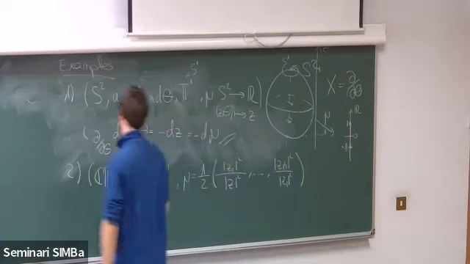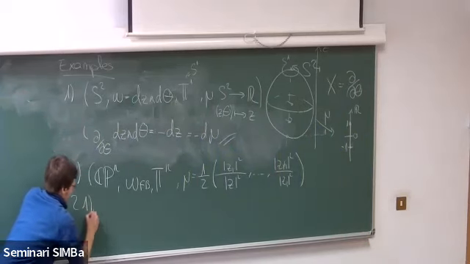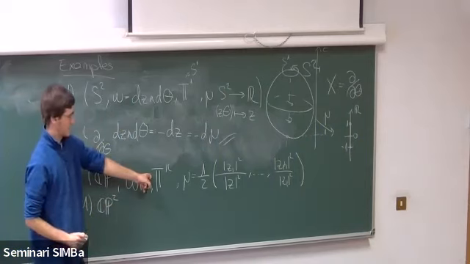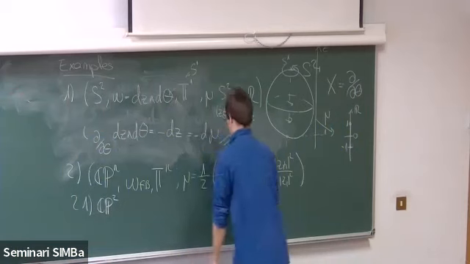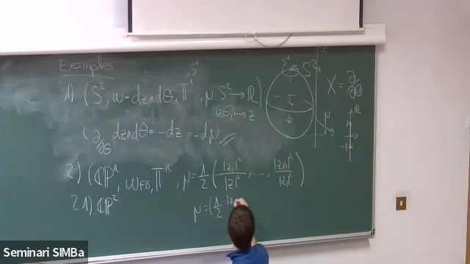But in a more general case, for instance, in CP2, if I do the subcase CP2, we take the torus T2 acting on it, and this is just 1/2 |z1|^2 over |z|^2, and |z2|^2 over |z|^2.